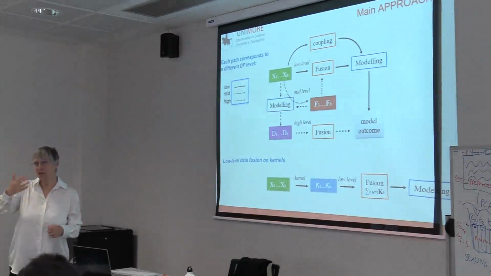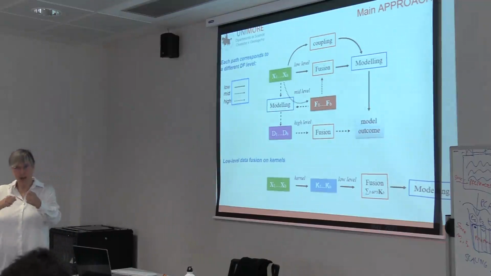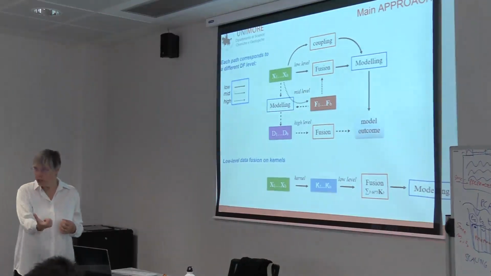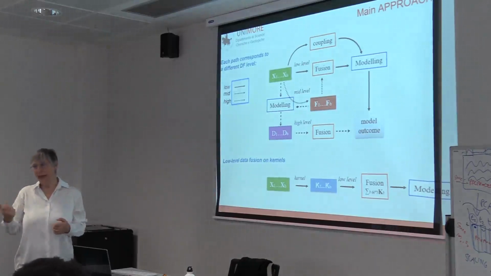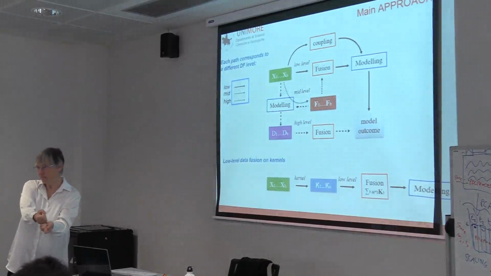What am I going to do, am I going to extract features or not, how I want to combine this, and with respect to the data fusion, the important thing is at which step I want to do the fusion, and at which step I will do my final model.